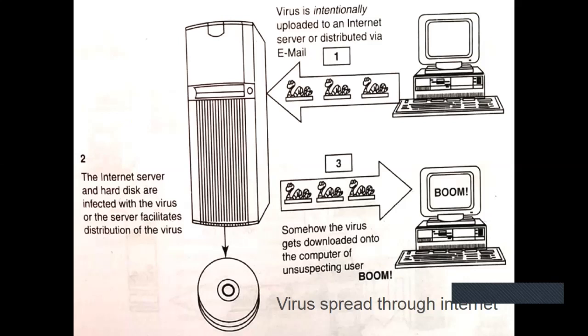Once the data is downloaded and the user opens the data or some executable file he has downloaded, that file gets executed and spreads within the system. This is virus spread through the internet.